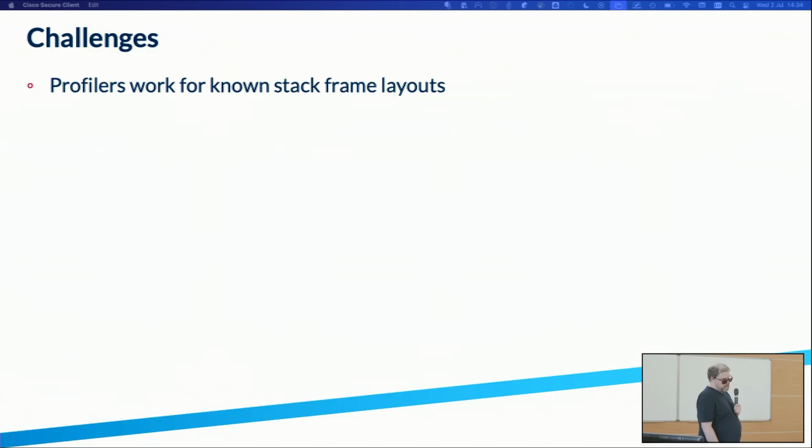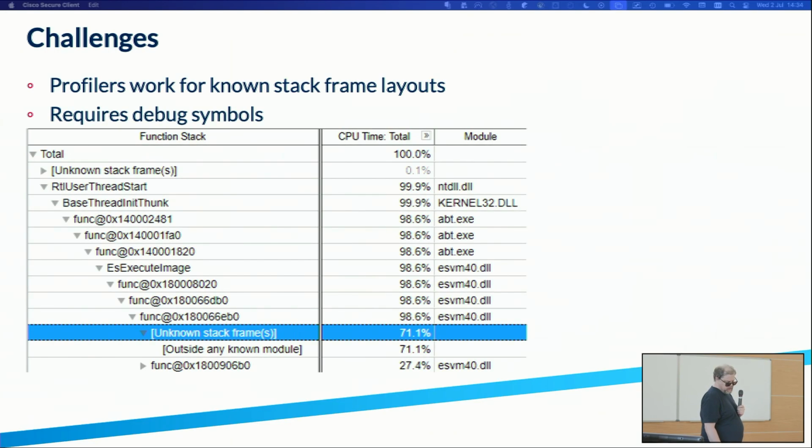So when you want to profile the VM, the first thing is that profilers work with known stack frame layouts, like C frames for the most standard. We don't really do that either in the interpreter, which is mostly a loop, or in the JIT, which is not C frames at all. It's just a compiled sequence of bytes that we jump into.